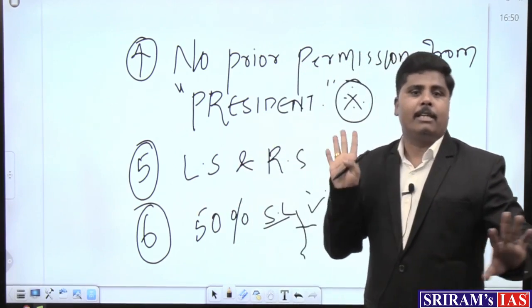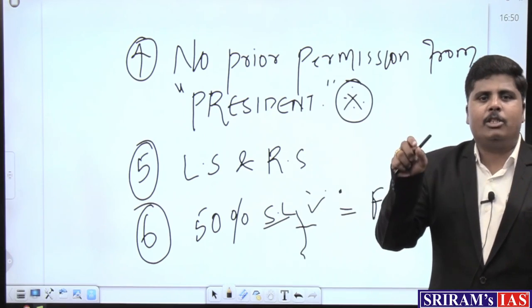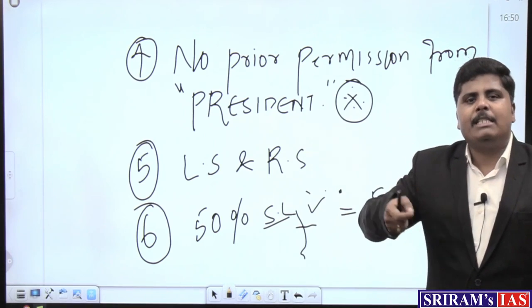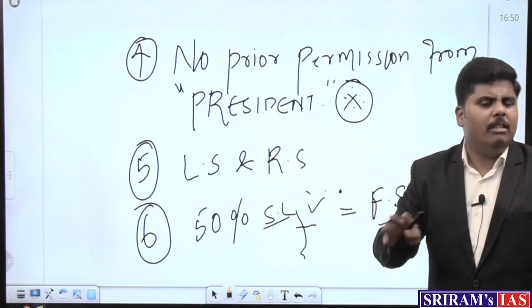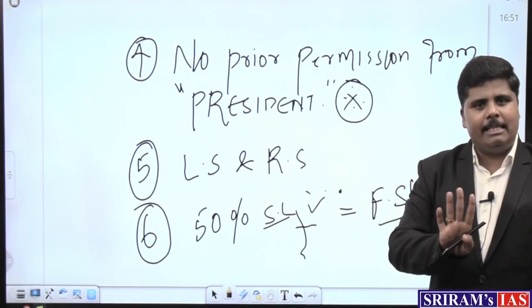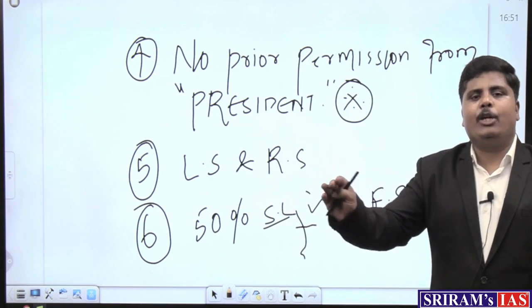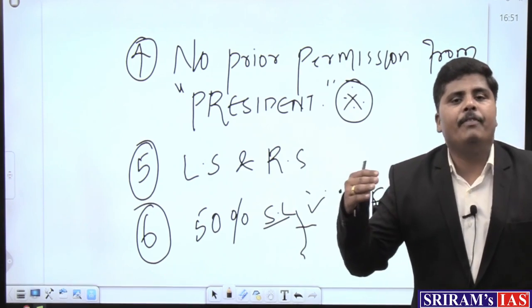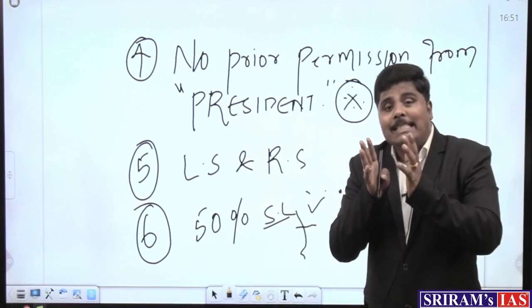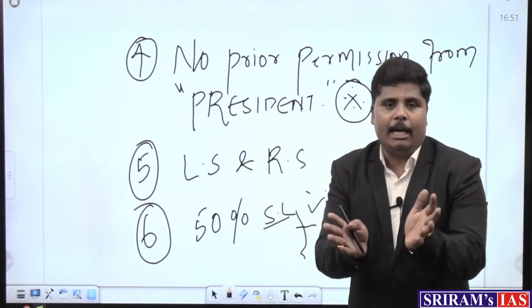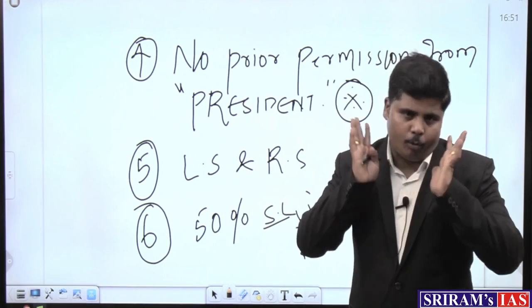Therefore, if a bill is in the nature of federal structure and is sent to state legislatures, within how many days do they have to return the bill? No time limit. They can take their own time and give their reply. The moment 50% of state legislatures give the reply, that will be considered as the entire India, all the states having given the approval.